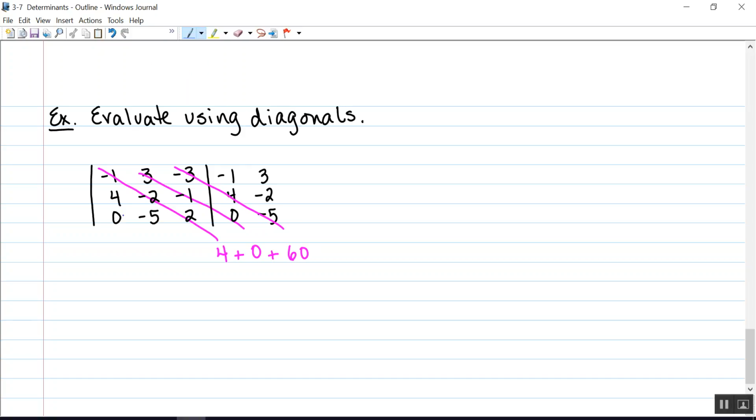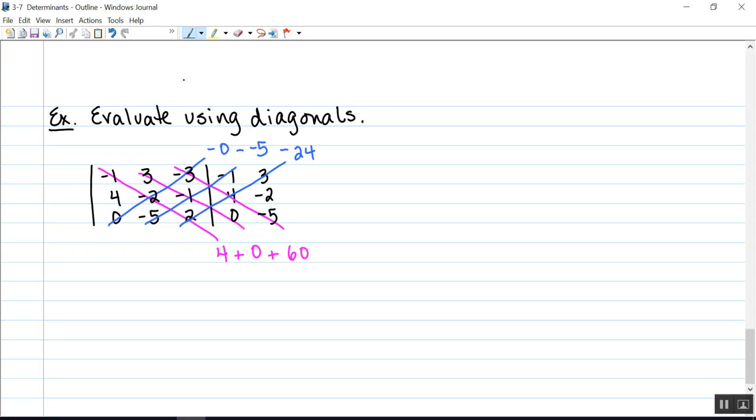Now I do the same thing, but from my original bottom row, and I go up this way. And since that has a 0, that's going to give me a 0. And -5 times -1 times -1 is going to give me a -5. So I have to subtract a -5. And then 2 times 4 times 3, I will subtract 24.